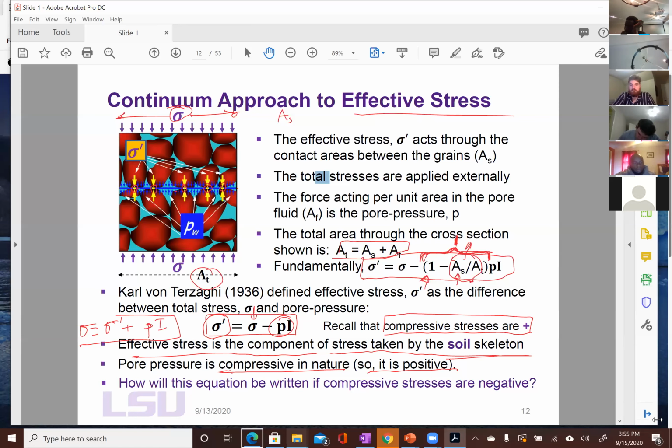So regardless of whether you're working with the engineering convention or the oil and gas convention, pore pressure will be compressive. And so we will need to change the sign in front of this if you're using a different unit, because we will always assume pore pressure is compressive.